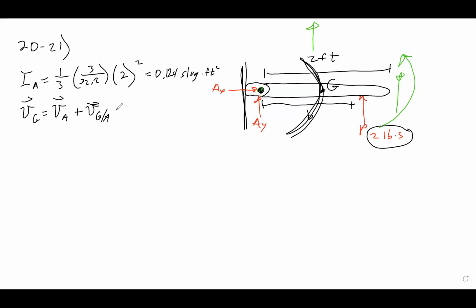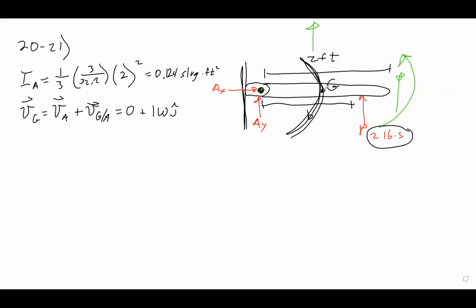All right, well, we're finding the velocity of G. So velocity of A is 0, and then it's going to be plus the distance G is from A, which is 1 foot, times the angular velocity of the rod. And this is a J hat vector. So G will, from that position, not move in the X direction, positive or negatively.